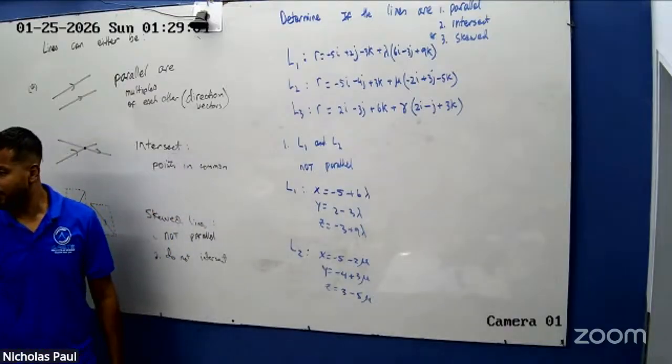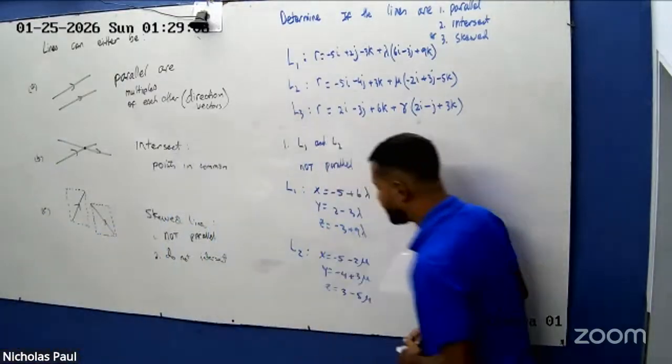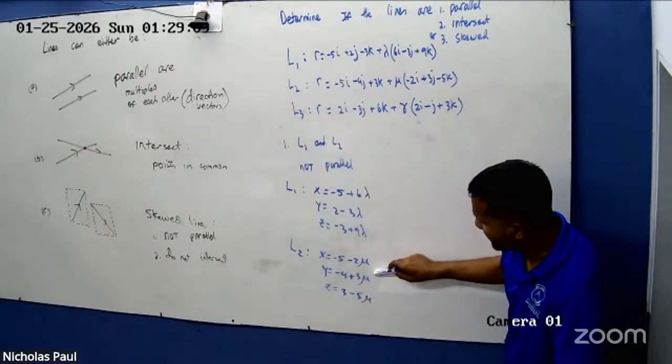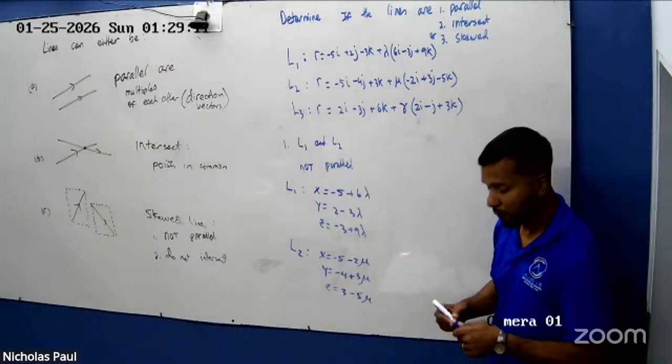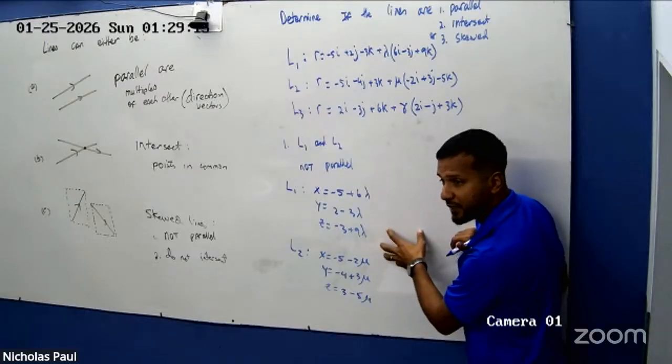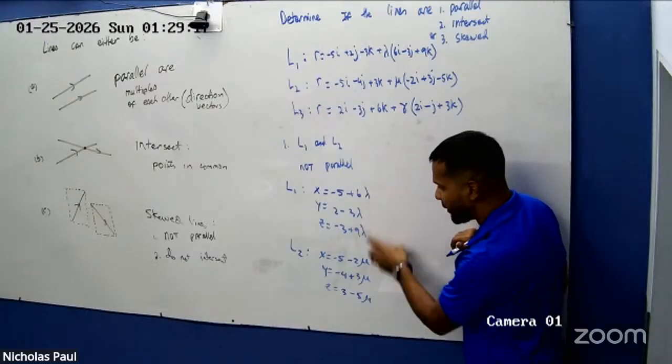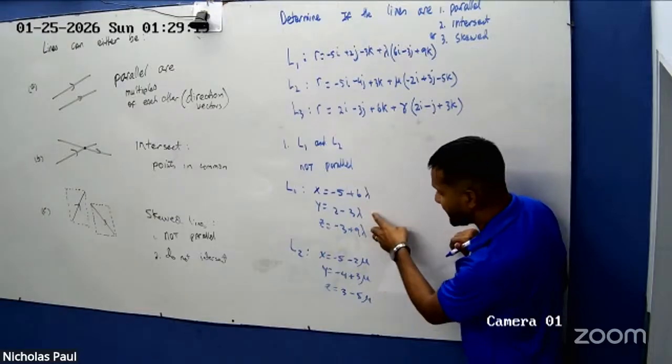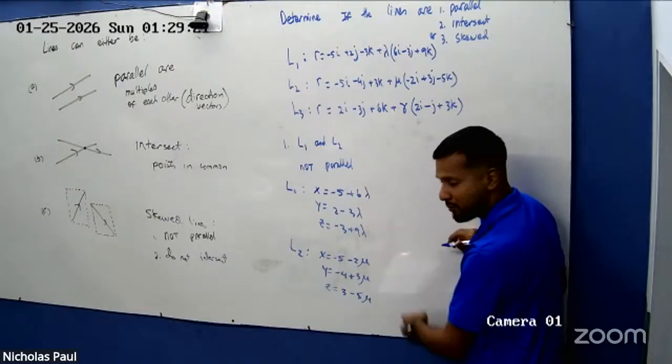What are we going to solve? We are going to solve x and y simultaneously, right? Here's what we're doing. If these two things intersect, then this x value should be the same here, and this y should be the same here, correct?